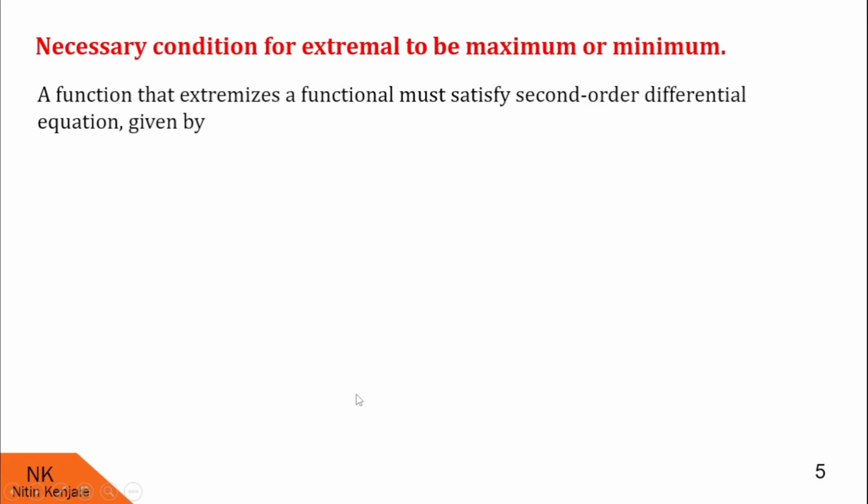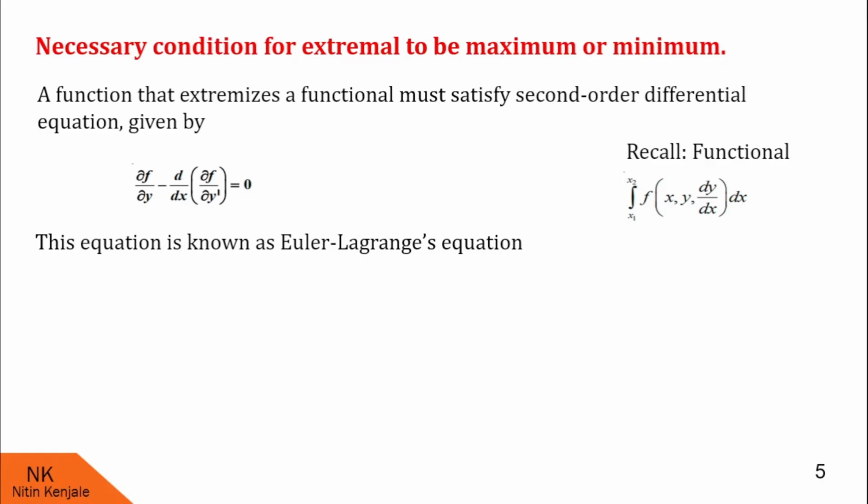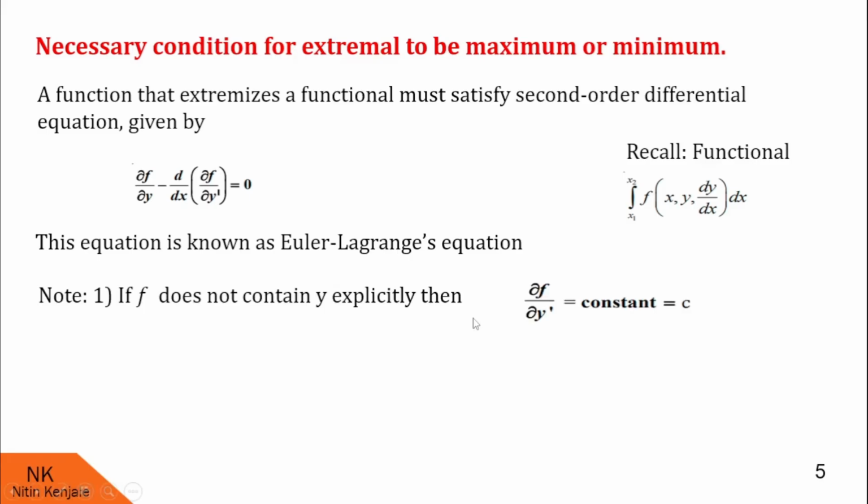A function that extremizes a functional must satisfy the second order differential equation given by ∂f/∂y minus d/dx of ∂f/∂y' is equal to 0. This equation is known as Euler-Lagrange equation. Note that if f does not contain y explicitly, then ∂f/∂y' is constant.